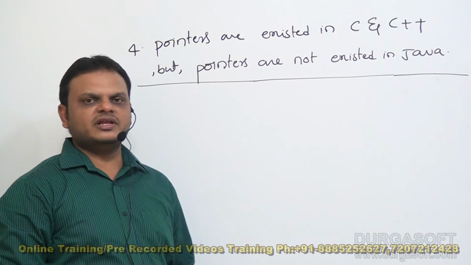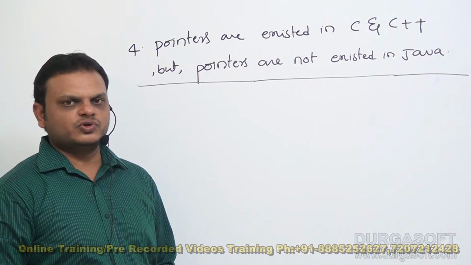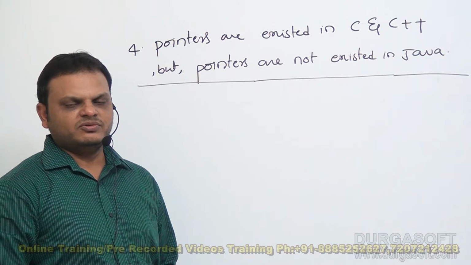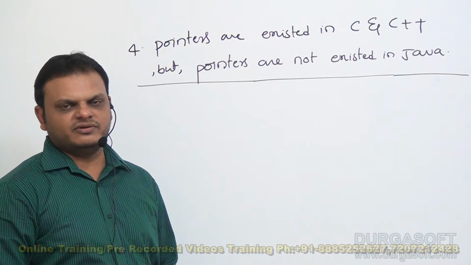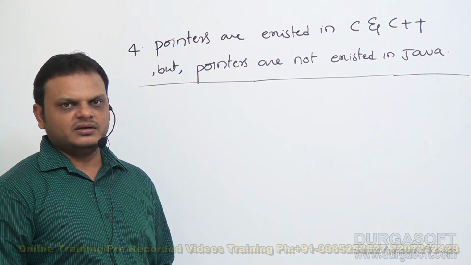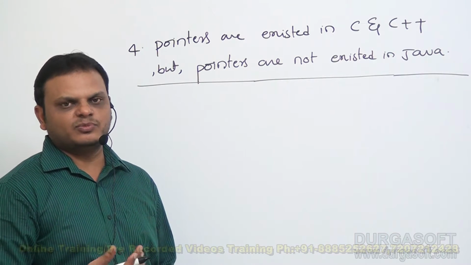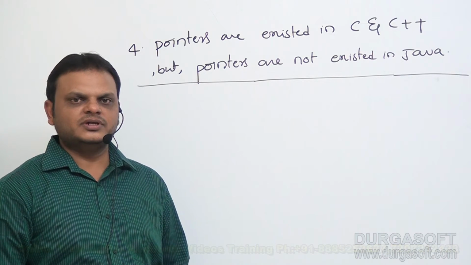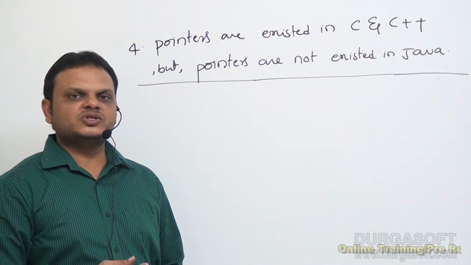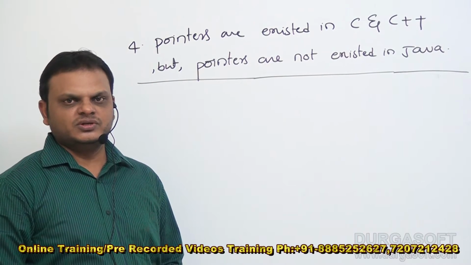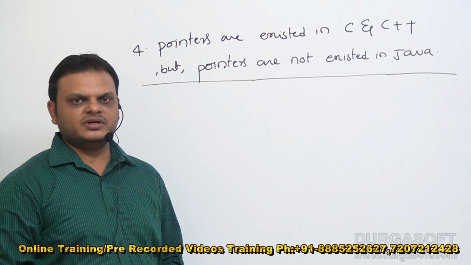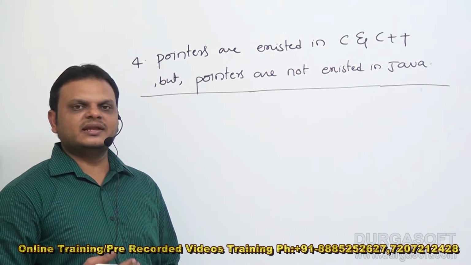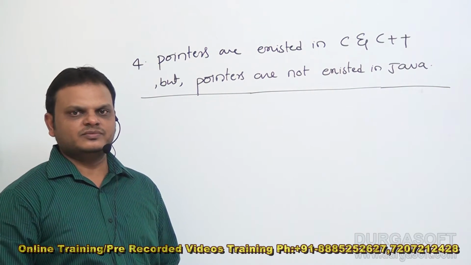A pointer is a variable, a table to store address locations of data structures, where the data structure may be a variable, an array, or a struct, or another pointer variable, and so on.